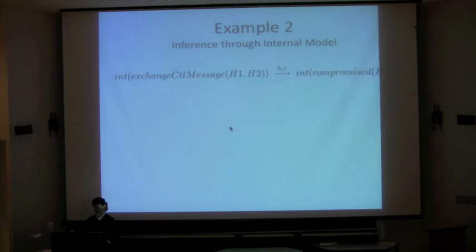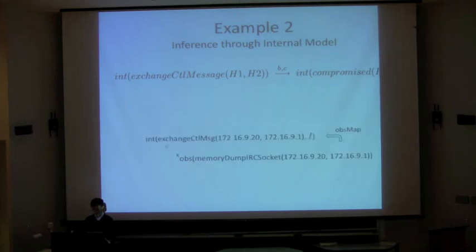You can also use the internal model as an inference rule to do simple reasoning. So this is what we have just derived. We know from the memory dump RLC socket that these two machines are likely exchanging control messages. We also have this internal rule saying, if you know for sure these two machines are exchanging control messages, then you can say, certainly one of them has been compromised by attackers. This is the backward inference.